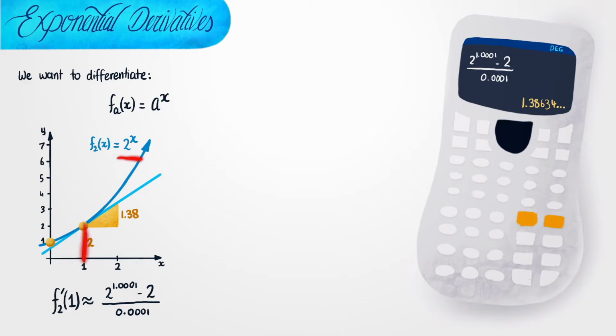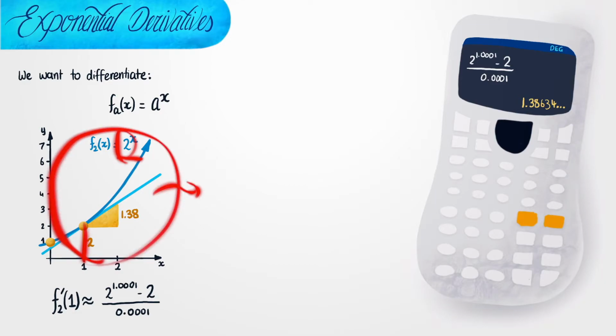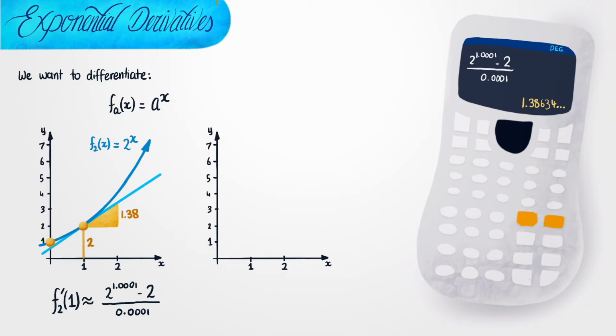So now that we have a useful approximation for the derivative of 2 to the power of x when x equals 1, we can also repeat this approximation for any other base other than 2. So let's go ahead and redraw this exact same graph, but instead of drawing 2 to the power of x, let's draw 3 to the power of x. So what I have here is the graph of 3 to the power of x, and you can see that when x equals 1, y is equal to 3.